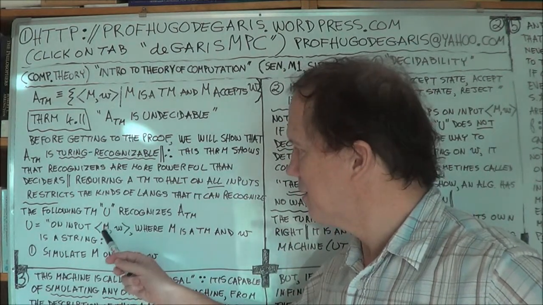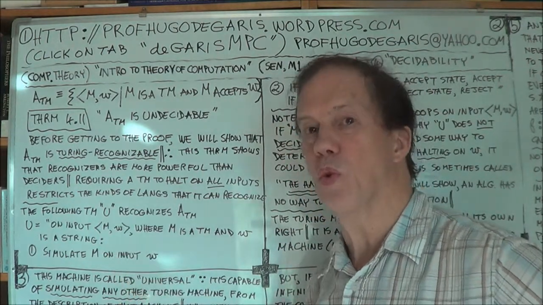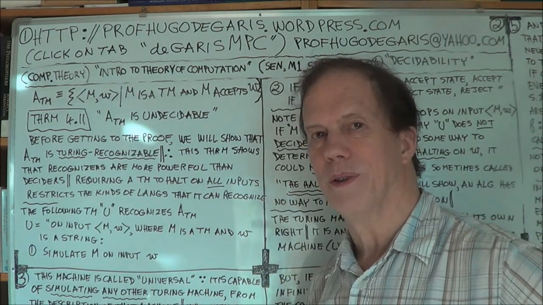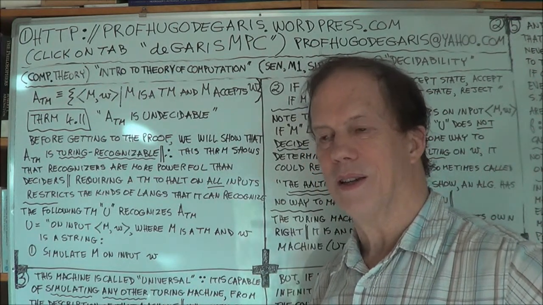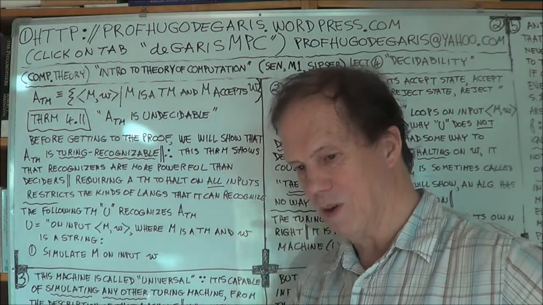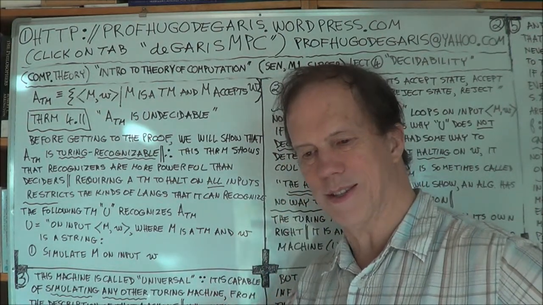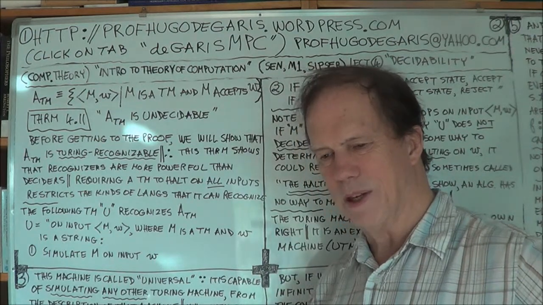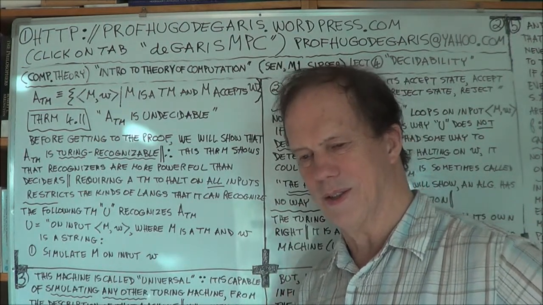So this M here is actually U, right? And now you've got a machine talking about itself in a sense. So you get this self-reference, and typically that's when you start getting paradoxes.